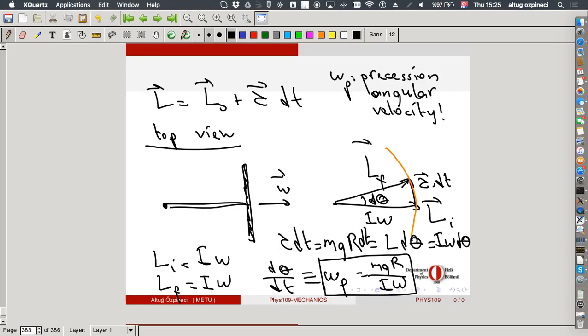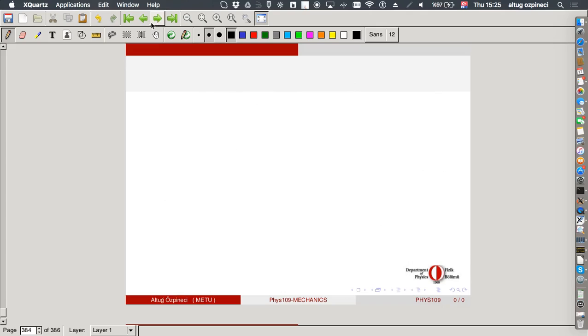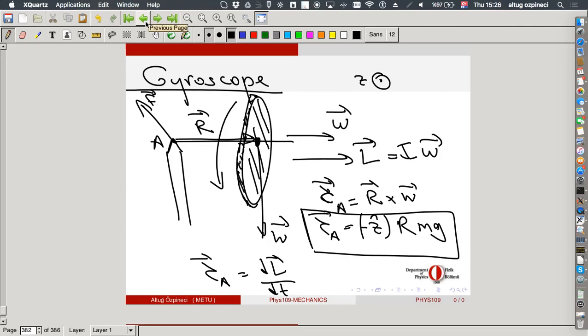Now this is not rising up. This is just rotating like this. But you see, there are two things in fact. In this treatment, over here, we calculated the angular momentum and the torque relative to the point A. And we have seen that due to the torque created by the weight of the object, this gyroscope precesses.